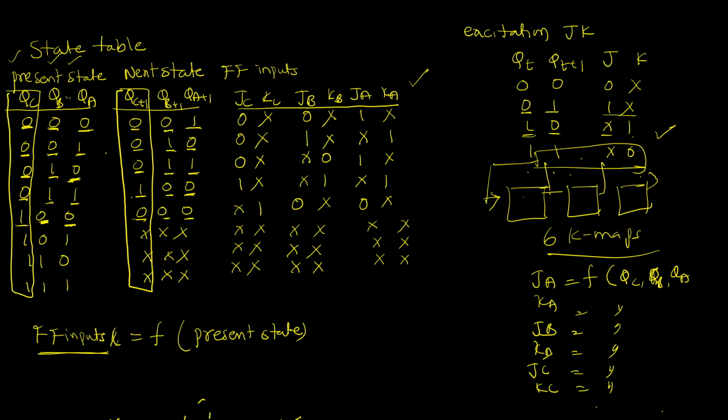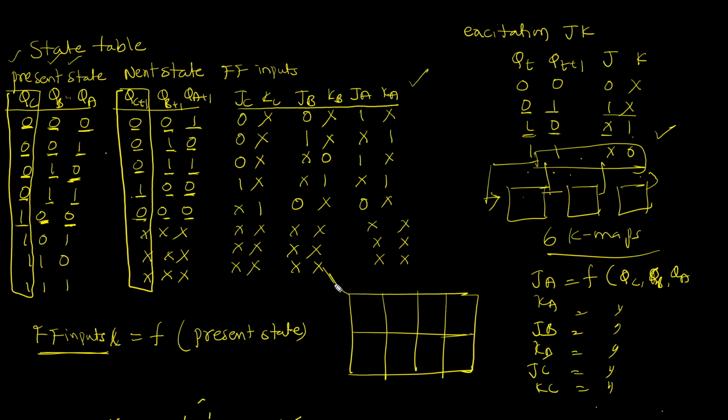Let's do it. Further we need to simplify it. I will show you one sample K-map here, so that you can do the remaining ones in a similar way and get the expressions. Say for example I have it like this. How many inputs? 3 inputs, so I need to draw a 3-input K-map.